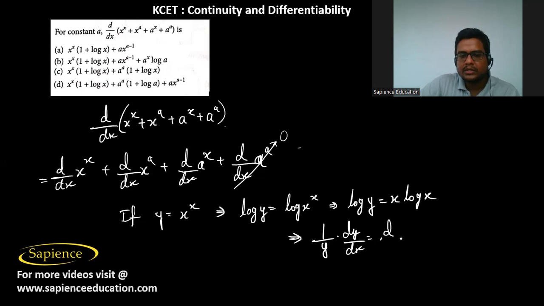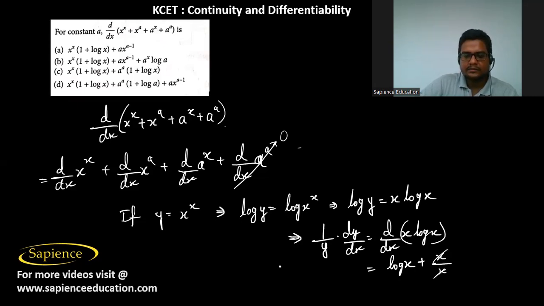That will be equal to d by dx of x log x, which will be equal to log x plus x by x, which is 1. So therefore dy by dx will be equal to 1 plus log x into y. Y is equal to x power x.